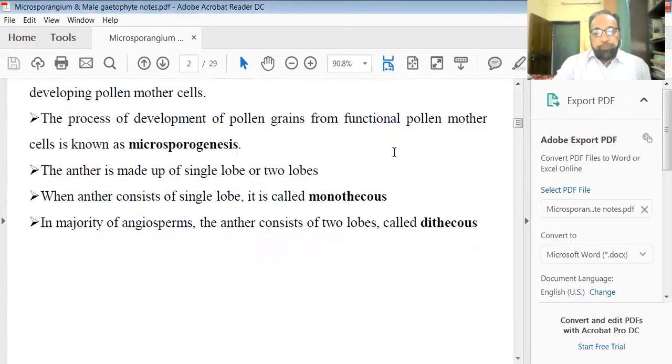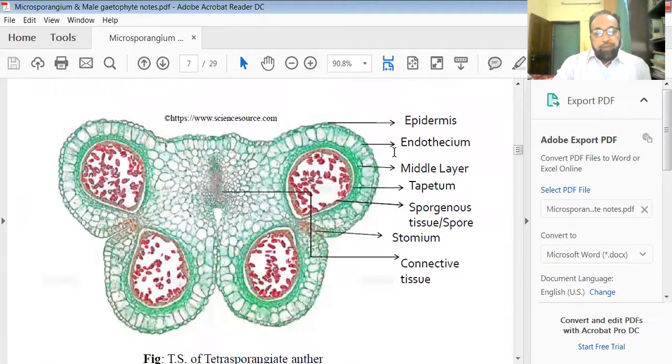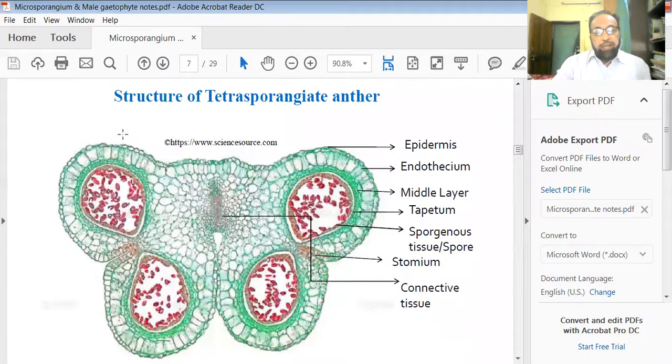If you take the transverse section of this anther and observe it under a microscope, you will find that it shows such a structure. You are seeing it on your screen.